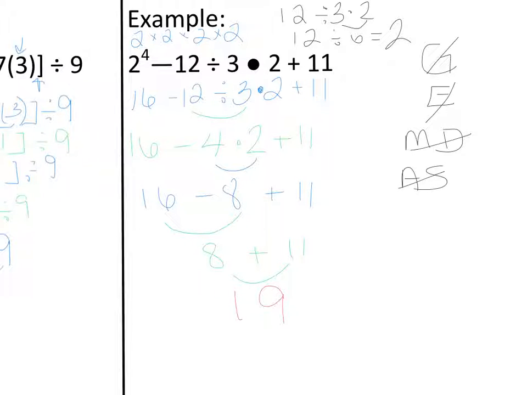Now, again, if we were to do the addition before the subtraction, and we did 8 plus 11, you would say it would become 16 minus 19, and then 16 minus 19 you'll learn is negative 3. Notice that's a significantly different answer than the 19. So messing up one of the steps throughout the problem is going to impact negatively the final answer.